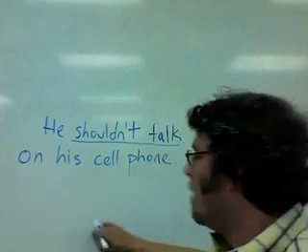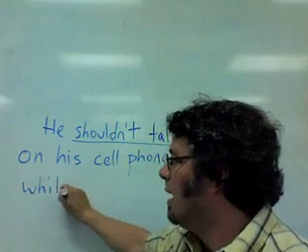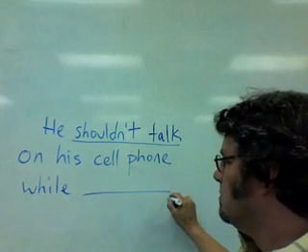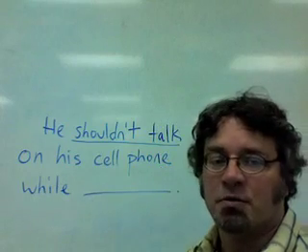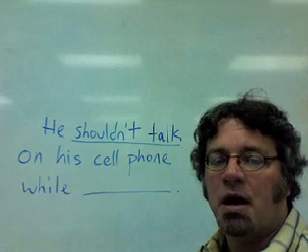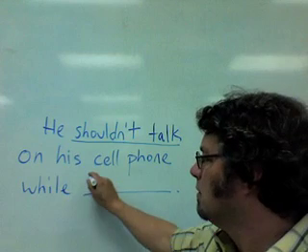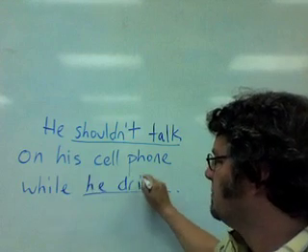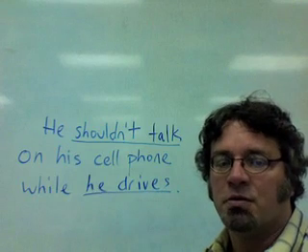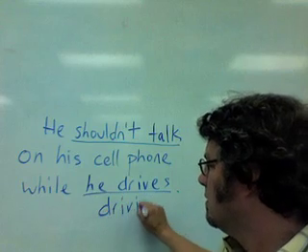I'm going to use the word while. And then right here, you can use the adverb clause or a phrase. He shouldn't talk on his cell phone while he drives. This would be the adverb clause, or while driving.